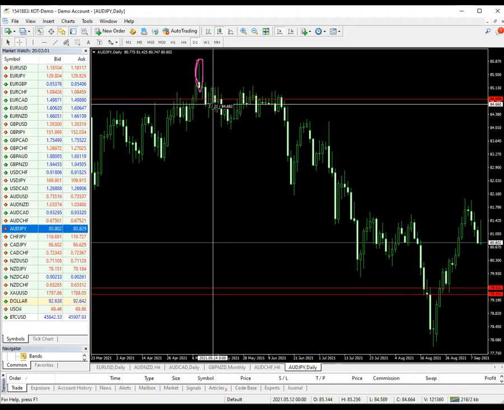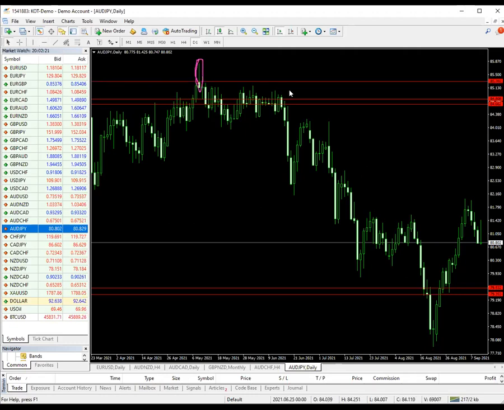Even from where you bought up to this level, it's about 71 pips. The immediate drop down here was 74 pips. Assuming you had placed your stop loss above the shooting star, which is here, your stop loss would never have been hit. You would have made the profit down, down, down there like that.